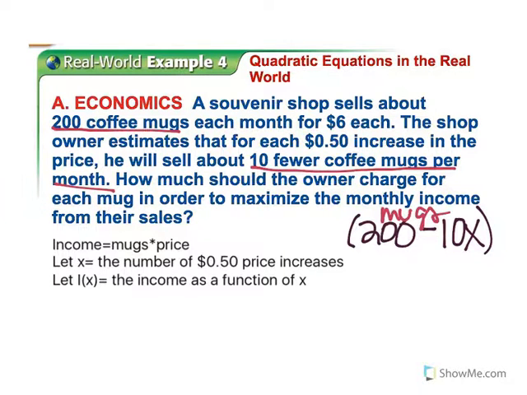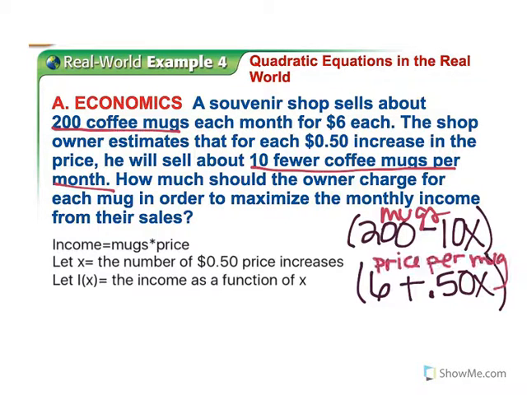Next piece of information we need is the price of each mug. So we have our $6 each, plus when we do our 50-cent increase times x. Okay, so that's each time that we increase. And again, that represents price per mug. And I found this information here, $6 each and 50-cent increase.